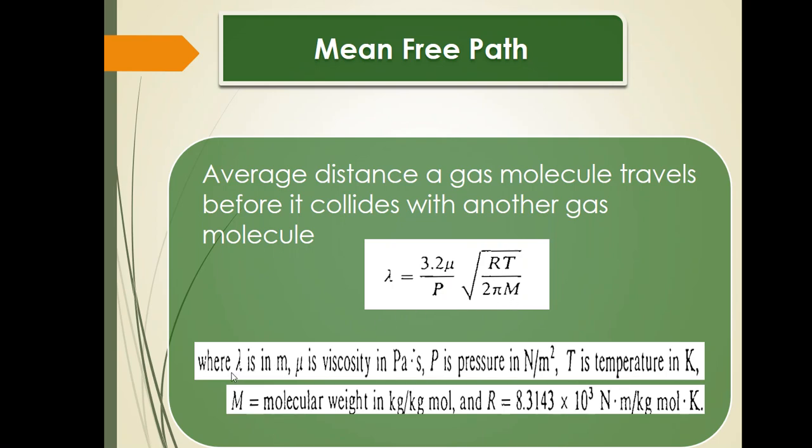The mean free path is represented by this Greek symbol, and it's in meters. Viscosity is in Pascal seconds, pressure is in Pascal, temperature is in Kelvin. Your molecular weight is in kilogram per kilogram mole, and you are to use this universal gas constant. So please take note of the formula in determining the mean free path.